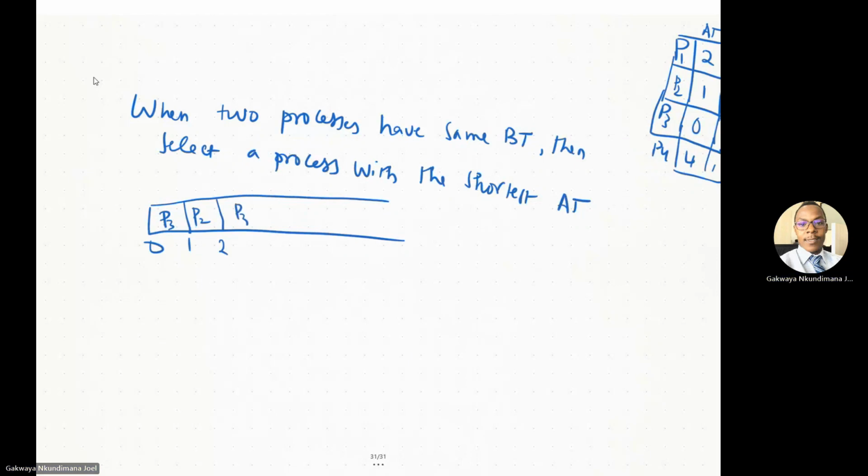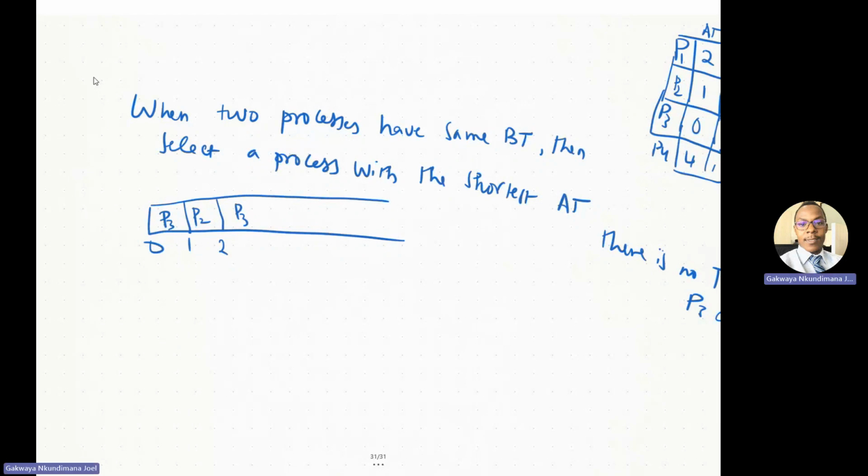Since we don't have a time 3 here, what will happen? P3 continues.